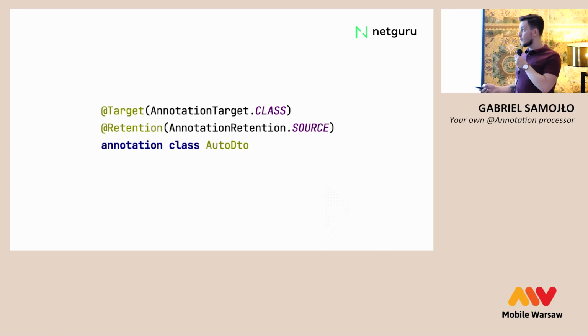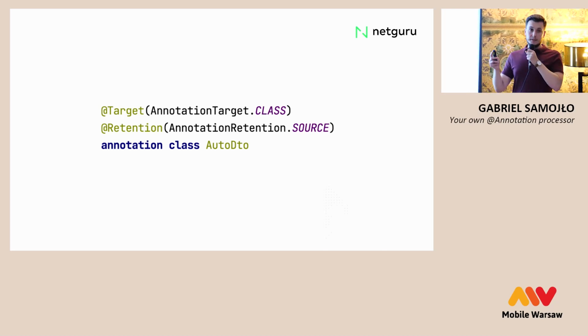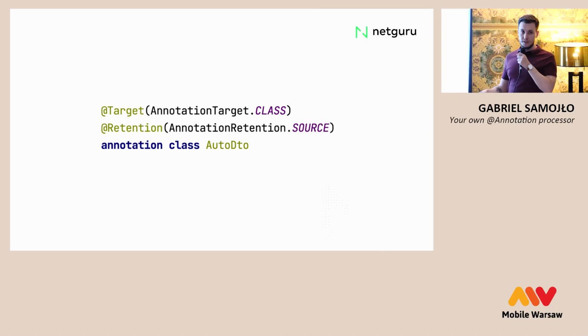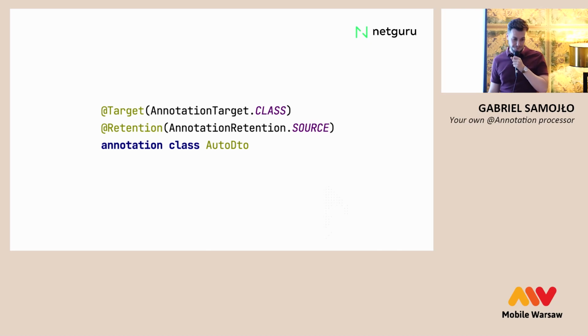And finally, the runtime, the last one. This is the remaining one, so it will be stored in the binary output, and you can process it at runtime. For example, Koin is the best example, I believe, that takes benefit from having annotations that are processed at runtime.